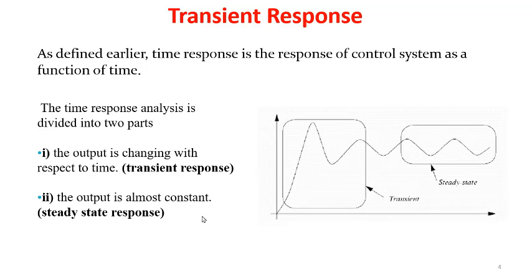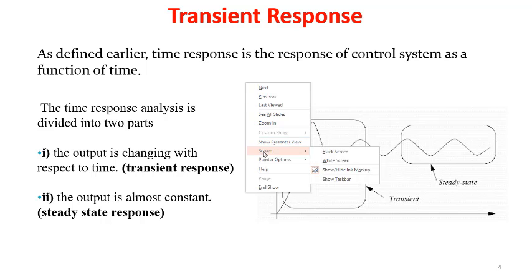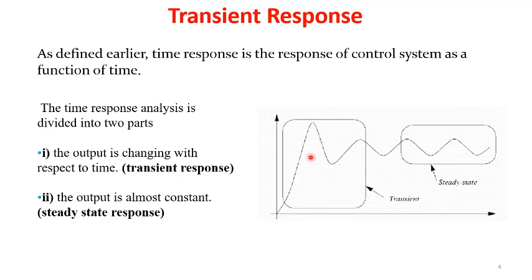Let's see the response for a given type of system. It may be a second order system. Here we have a curve of response. This is the response axis, that is the output axis, and this one is time.